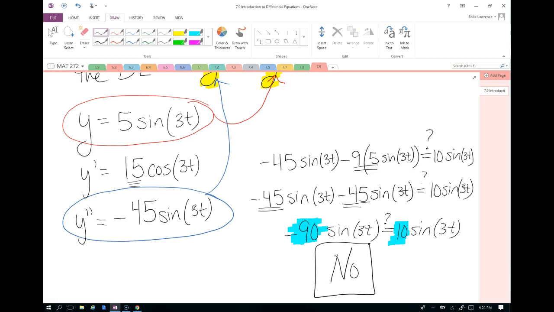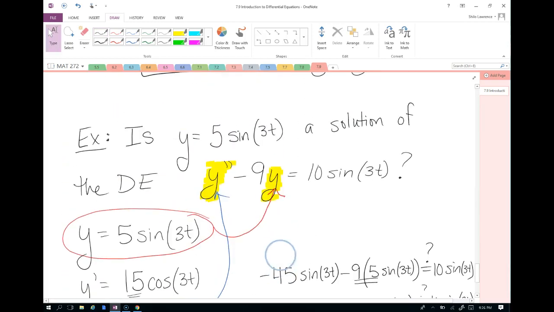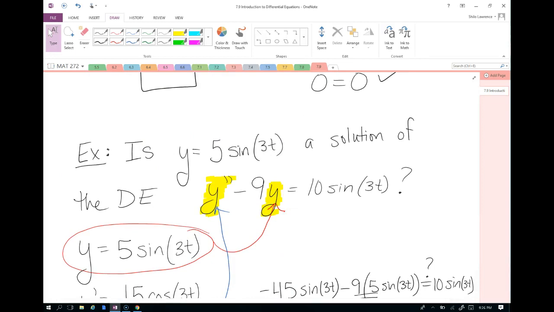So we replace all forms of y and see if it makes the equation true. And in this case, it does not. My left-hand side does not match perfectly with my right-hand side, so it's a no. So y equals 5 sine 3t is not a solution for y double prime minus 9y equals 10 sine 3t.